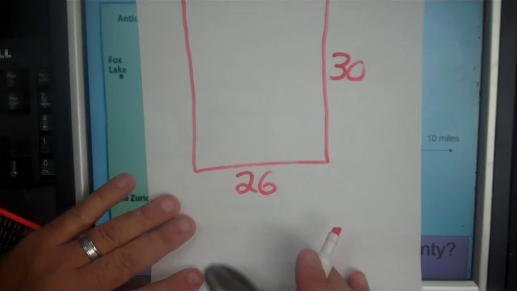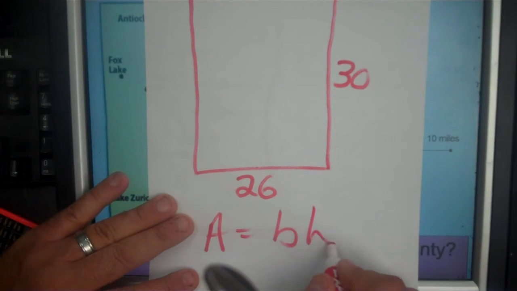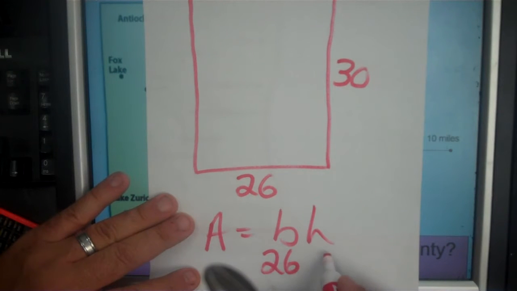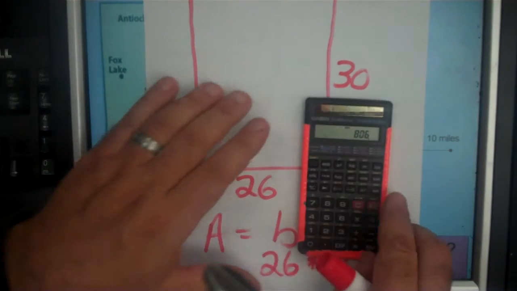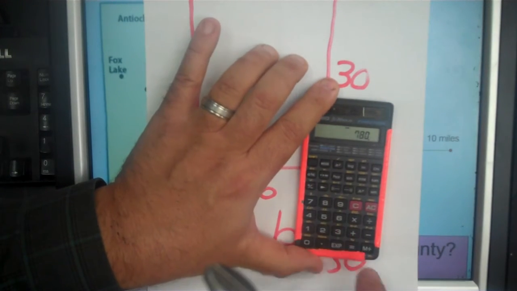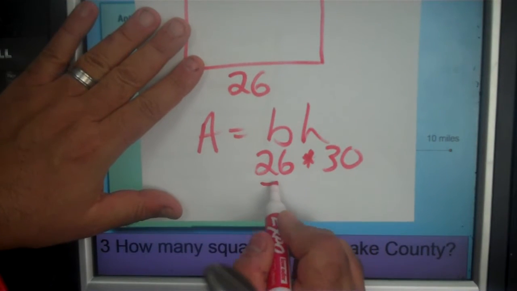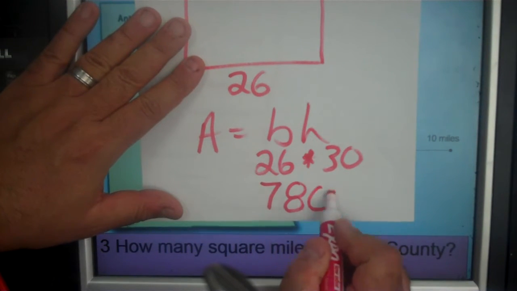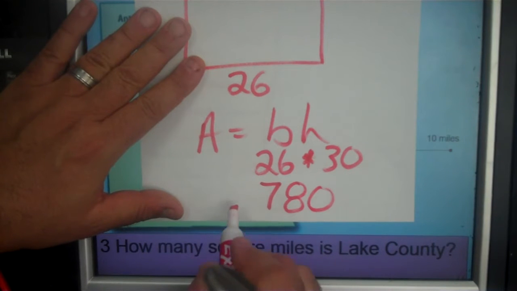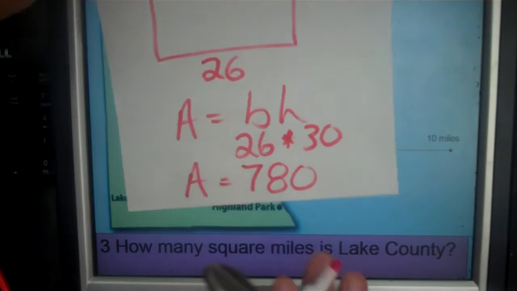So to find the area of a rectangle like this, we're going to do base times height, 26 times 30. And I take my calculator out. 26 times 30 equals 780. 780 square miles is the area. That was question number 3.